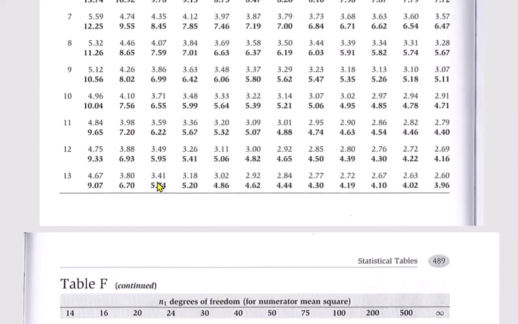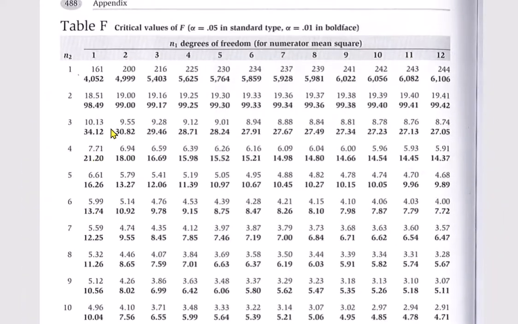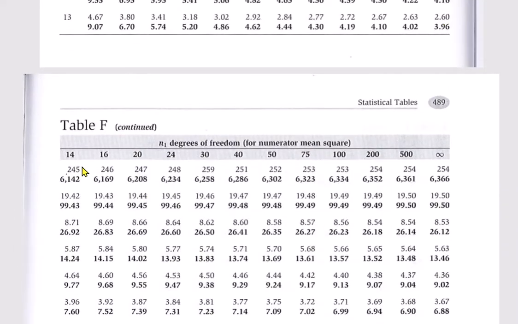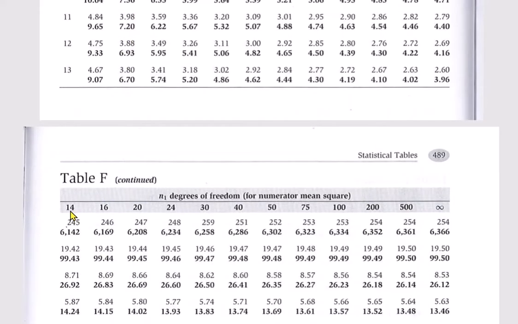I keep going on to the next page, which is page 489, and they've set this up a little bit weird because you can see that the degrees of freedom numerator go across here, stops at 12, and then the next page, yeah, they actually skip 13, but the next page starts with 14. So what they're doing is they're expanding the table in a direction that nobody ever uses, because this is a representation of the number of groups that we have.